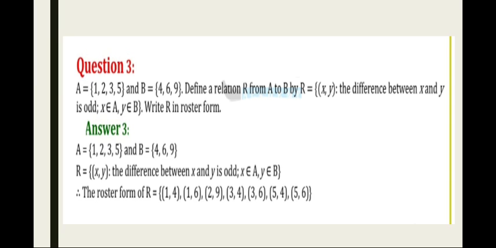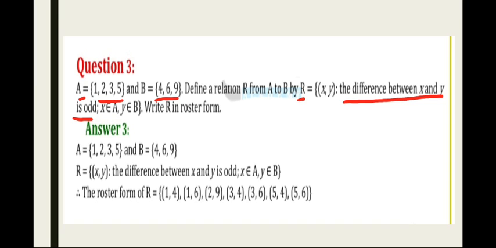Now, question number 3. Set A is the collection of 1, 2, 3, 5 and set B is the collection of 4, 6, 9. Define a relation R from A to B by, the difference between the first element and the second element is odd.